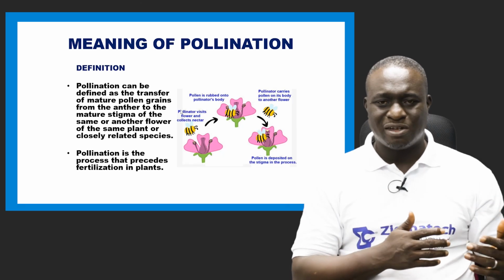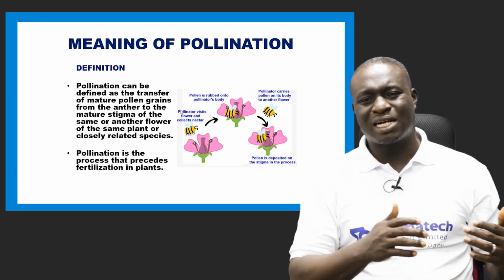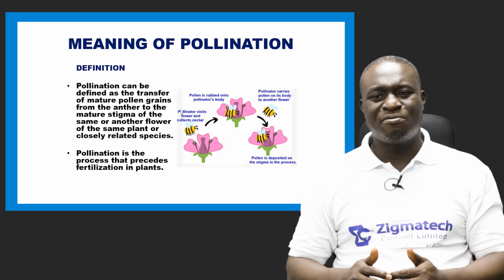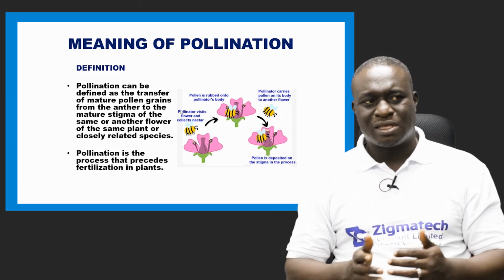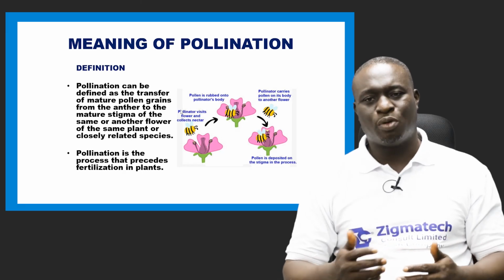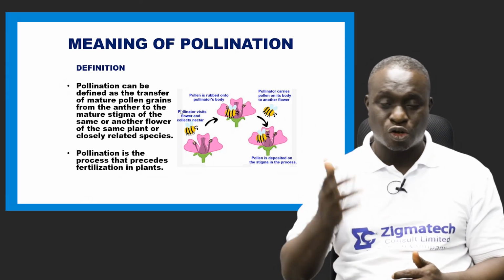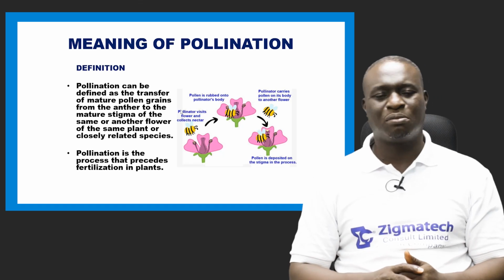In our definition, we said the transfer can be done on the same flower. It can also be done with another flower. Now, this brings us to something very important, which we'll be discussing as we continue this class.